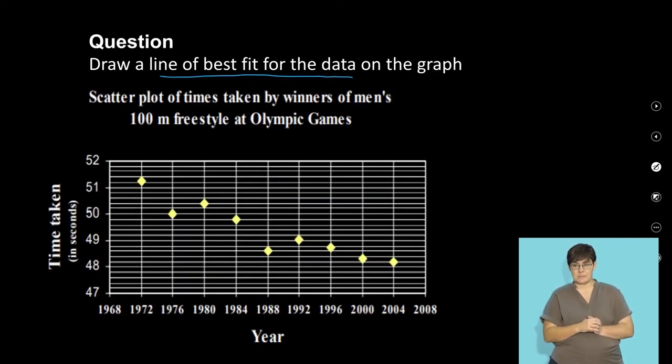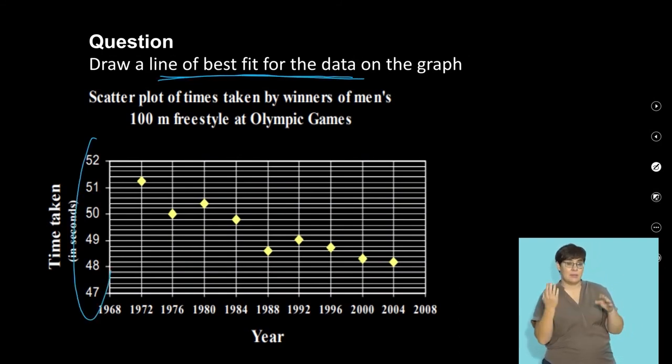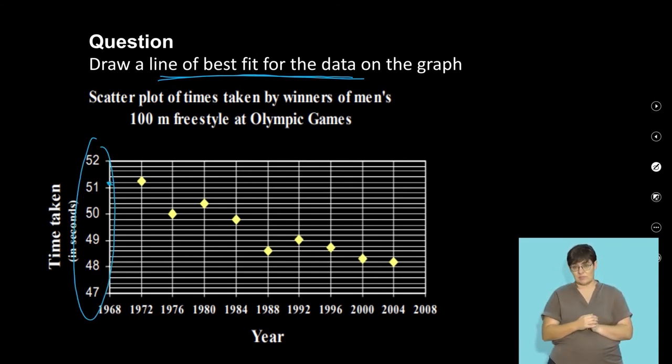So we're talking about the line of best fit. We have to calculate the average times, but the times are there. Can you see? It's not exactly 52 or 51. Those are the average times for all those points. Can you see that? If I do that, this is what I get.